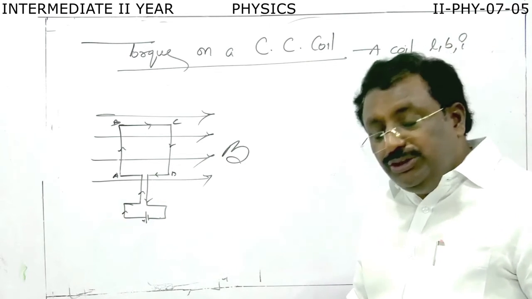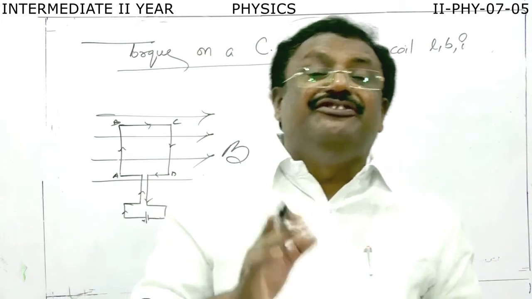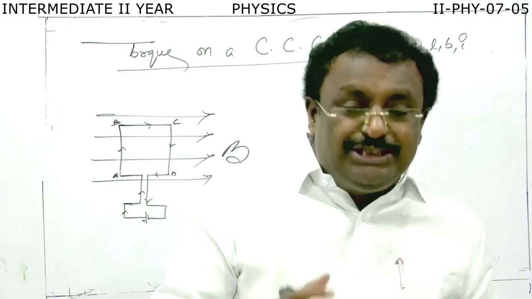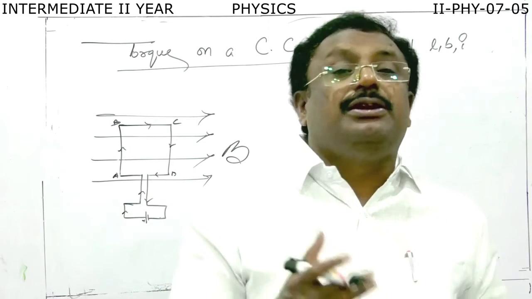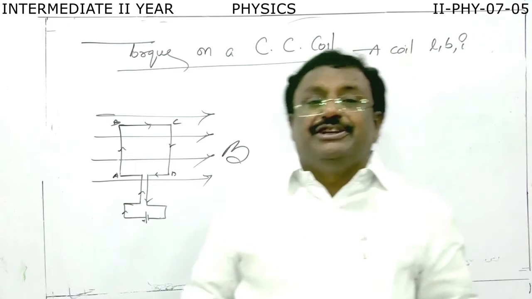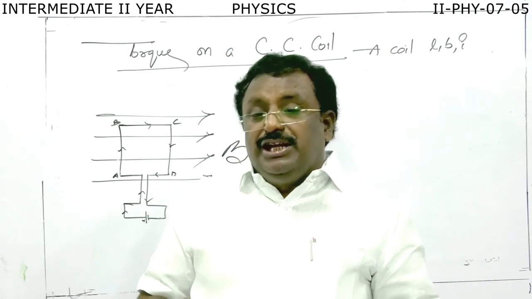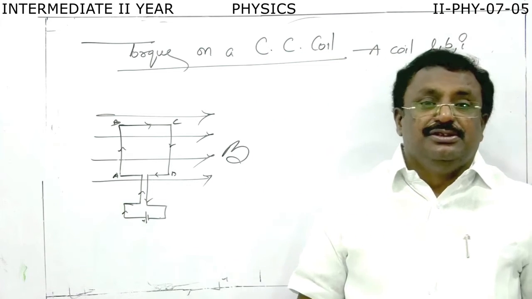What is torque? Do you remember? The torque is nothing but the turning effect. If we want to produce the turning effect, we require torque, not only force. Along with force, we want something more.